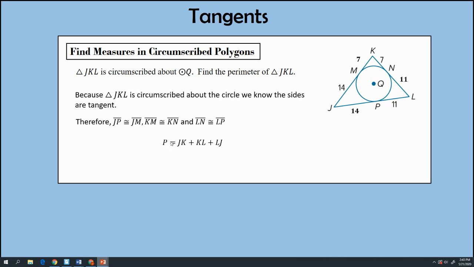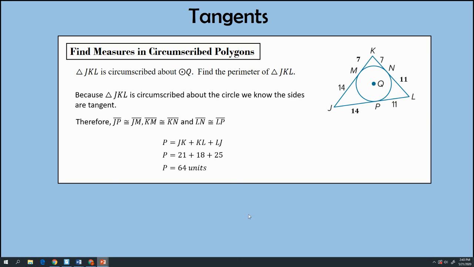So the perimeter is going to be JK plus KL plus LJ. JK is going to be 14 plus 7, that's 21. KL is going to be 7 plus 11, that's 18. L to J is 11 plus 14, which is 25. And our perimeter for this circumscribed triangle is 64 units.